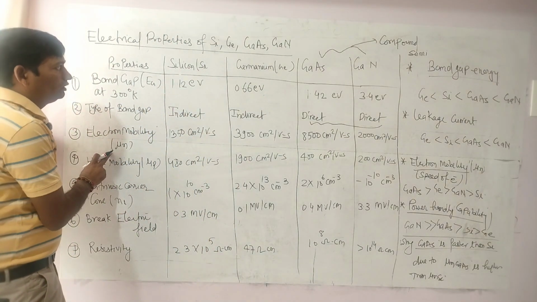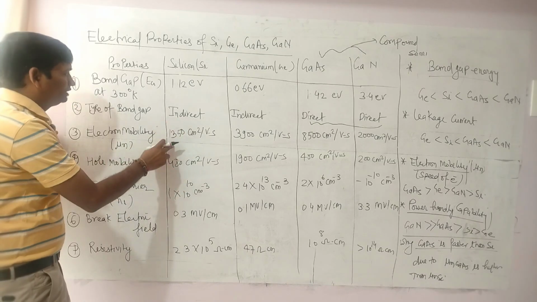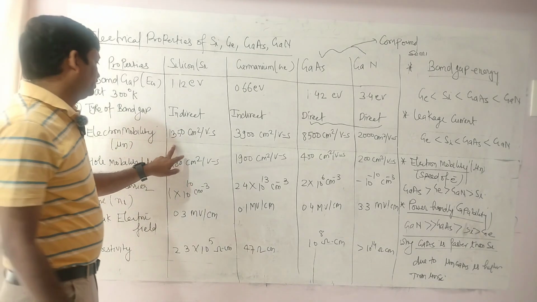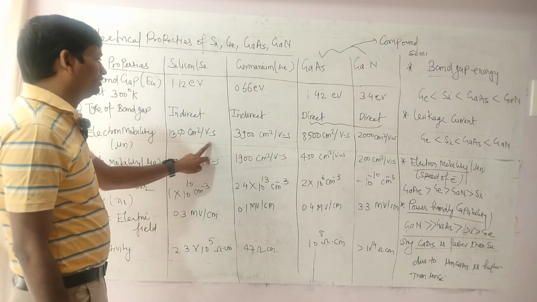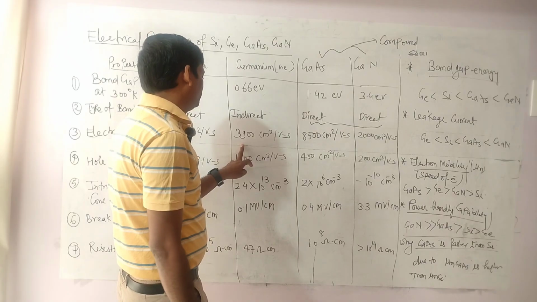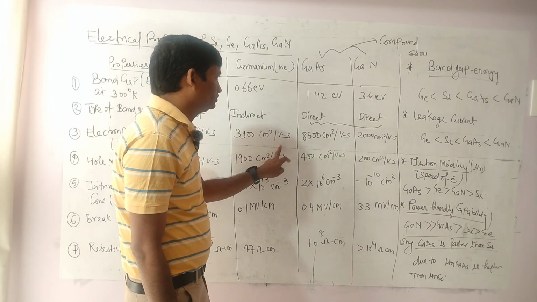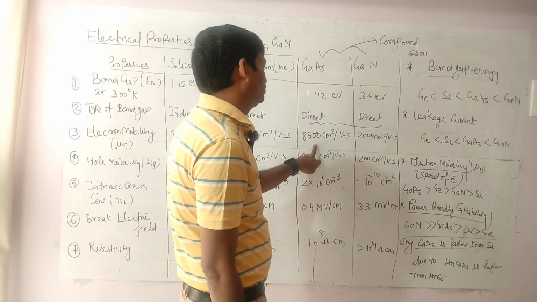Now the electron mobility of all four materials. For silicon, electron mobility mu n is equal to 1350 centimeter square per volt second, for germanium 3900, for gallium arsenide 8500, and for gallium nitride 2000 centimeter square per volt second.